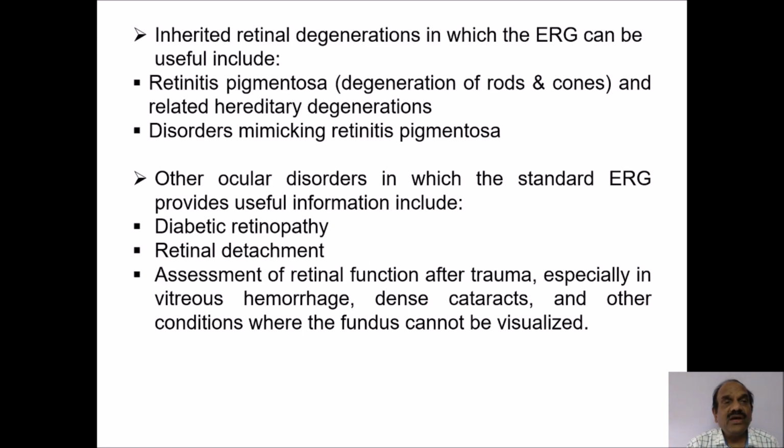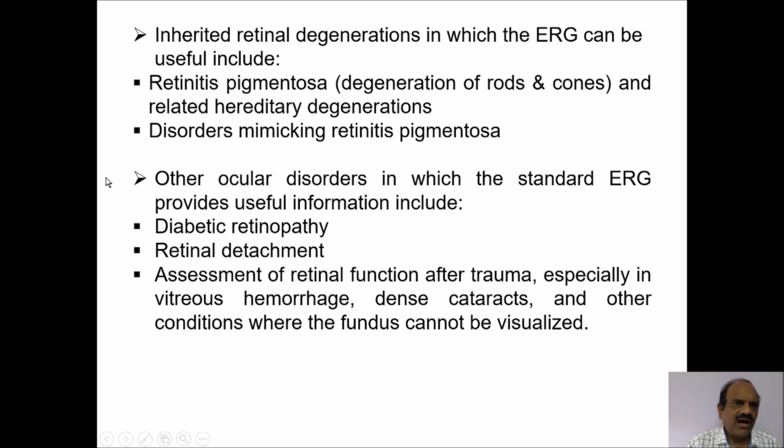The first type is inherited retinal degeneration, in which ERG can be useful. It includes retinitis pigmentosa, that is nothing but degeneration of rods and cones, and related hereditary degenerations, and disorders mimicking retinitis pigmentosa.